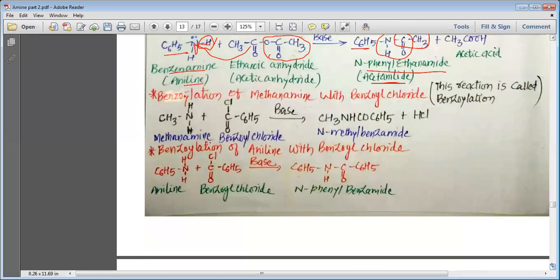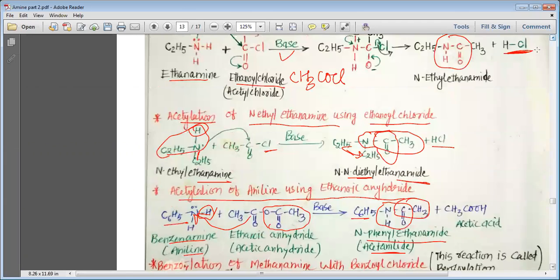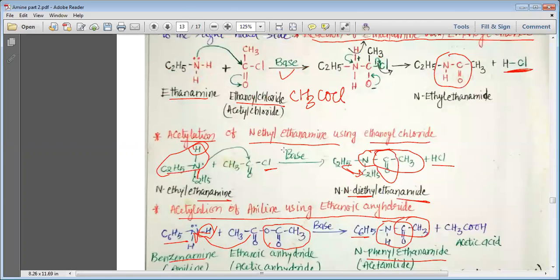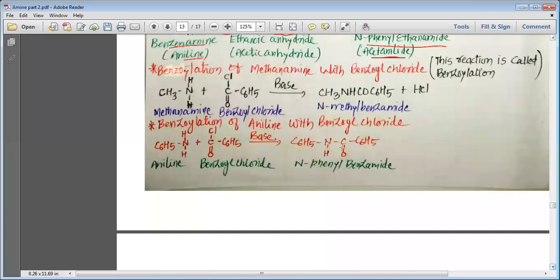Now, my dear students, we want to understand benzoylation. So, in all these reactions, my dear students, we have used the attacking reagent as CH3COCl or (CH3CO)2O. Now we want to use benzoyl chloride, C6H5COCl, as an attacking reagent, and that is why this kind of reaction is known as benzoylation.